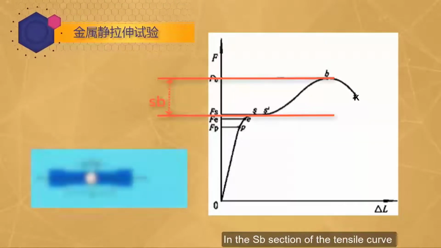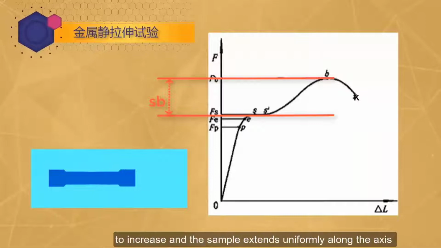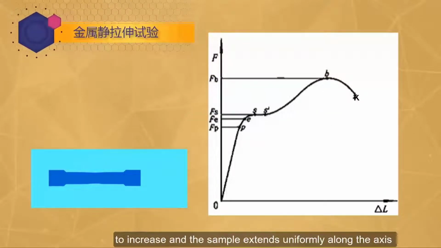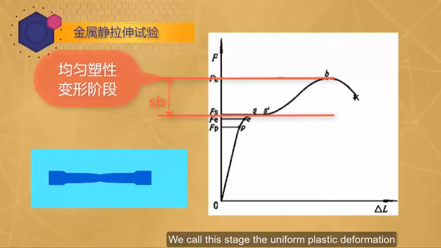In the SB section of the tensile curve, the load continues to increase and the sample extends uniformly along the axis. We call this stage uniform plastic deformation.